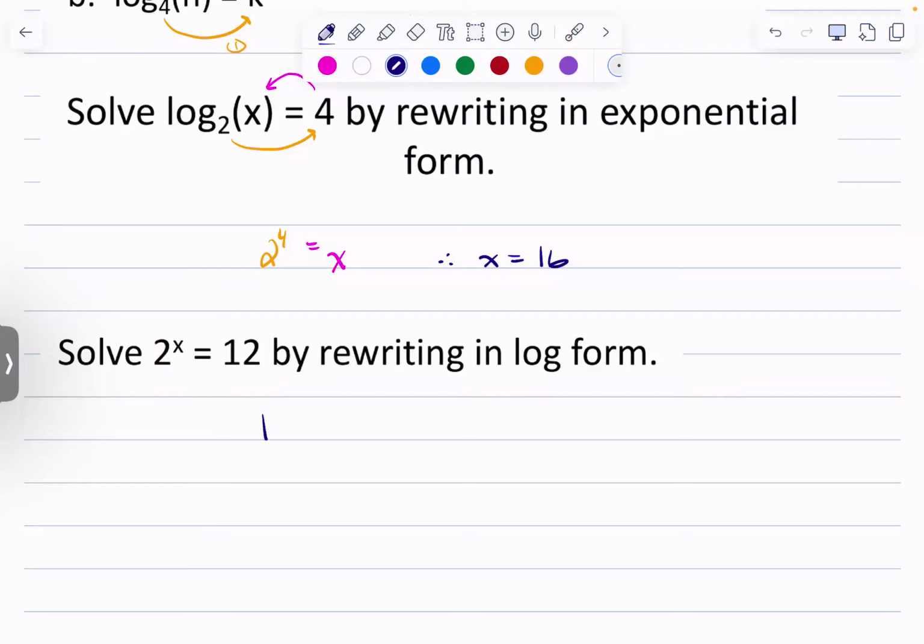And so the log base 2 of something must be equal to x, right? 2 to the power of x is equal to 12. So you can confirm that you get back to the same thing by going 2 to the x is equal to 12. Log base 2 of 12 is equal to x.